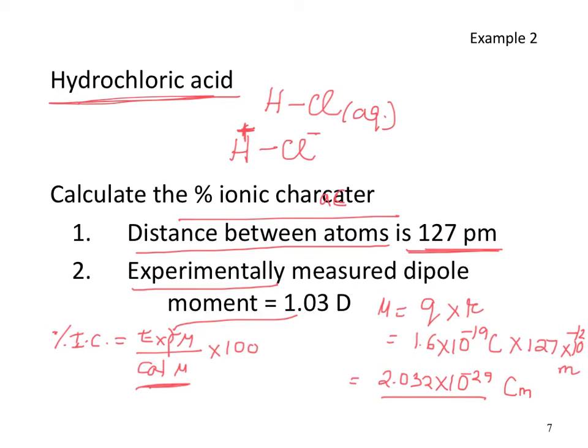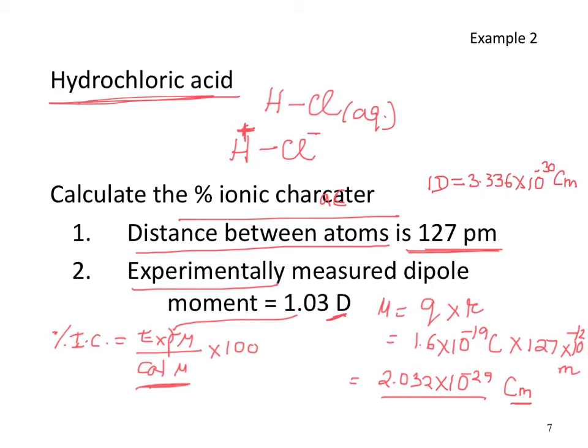We also learned earlier that 1 dBi is equal to 3.336 times 10 to the power of negative 30 coulomb meters. So now I would want to convert the coulomb meters that I have just gotten into dBis so that I'm comparing the experimental value in dBi to the calculated value in dBi, comparing apples to apples.